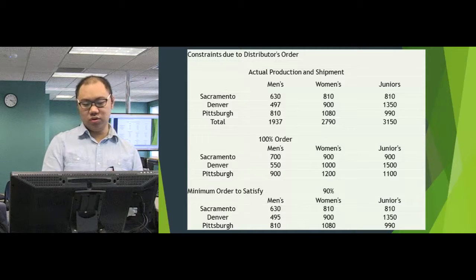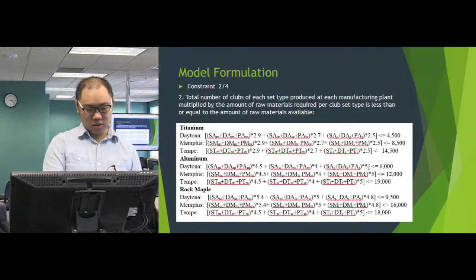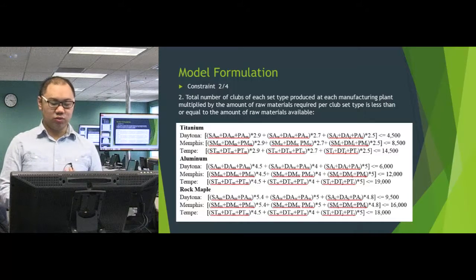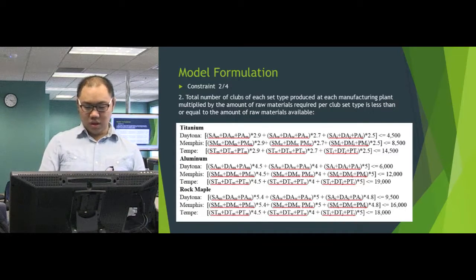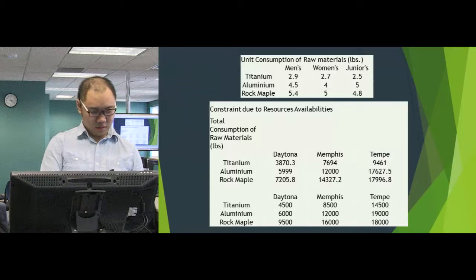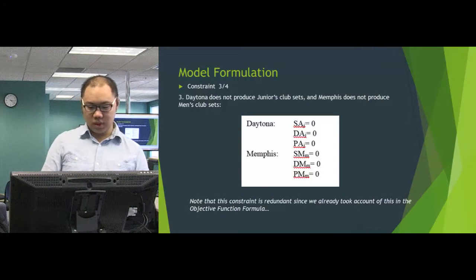This is a constraint due to the distribution orders. This is a constraint because you need to consider how many materials you have. Here, this is constraint 3.